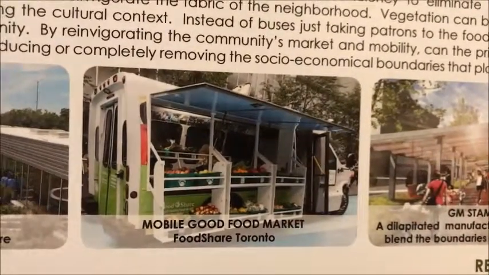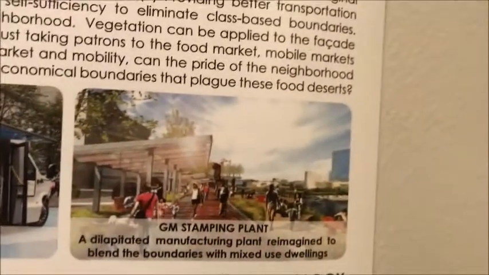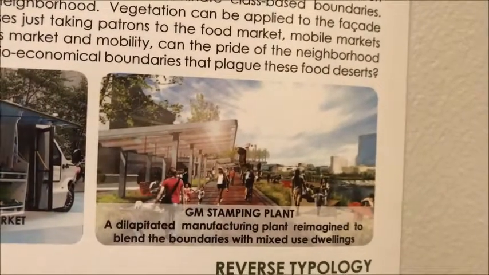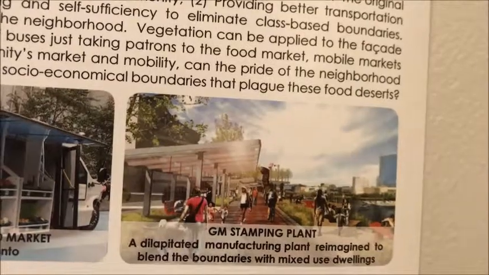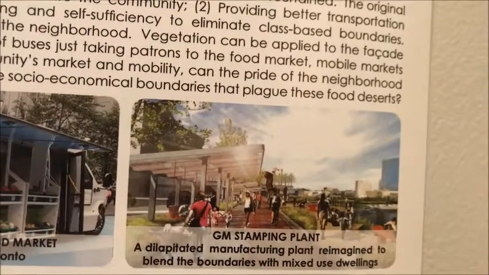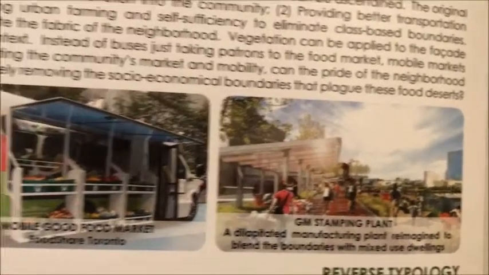Instead of buses just taking patrons to the food market, mobile markets bring fresh produce to the community. By reinvigorating the community's market and mobility, can the pride of the neighborhood change the habits and lifestyle, thus reducing or completely removing socioeconomical boundaries that plague these food deserts?